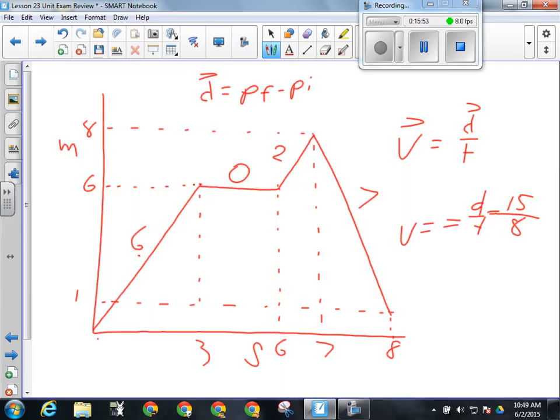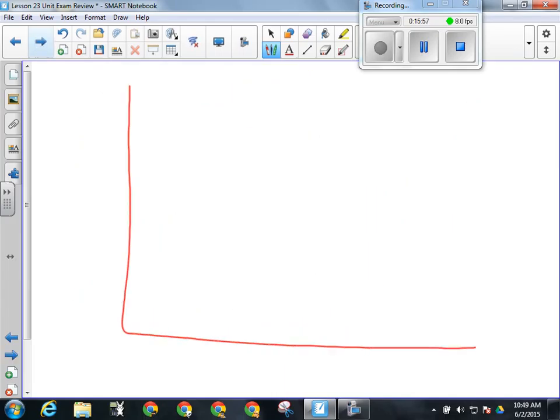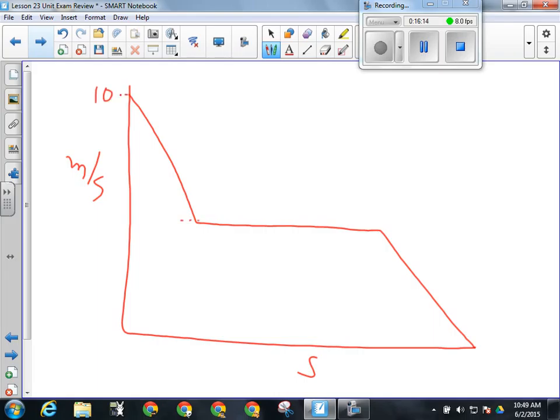All right, velocity versus time graph. Okay, I want to know the acceleration in between 0 and 5 seconds.